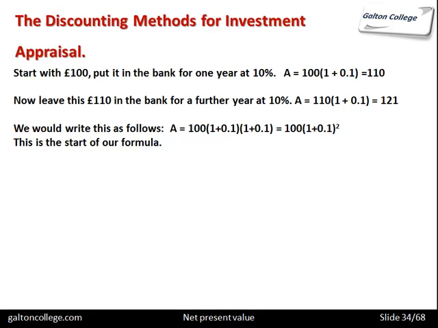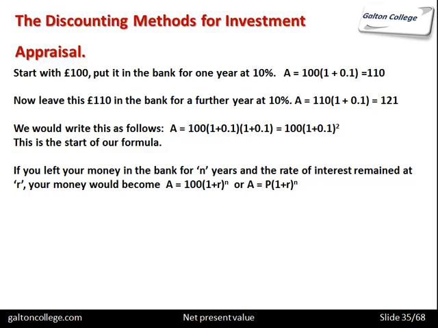And this is the start of our formula. Now you can see where we've got to so far. If you left your money in the bank for n years, and the rate of interest remained at R, your money would become A is equal to 100 times 1 plus R to the power of n. If you like, A is equal to P multiplied by 1 plus R to the power of n.